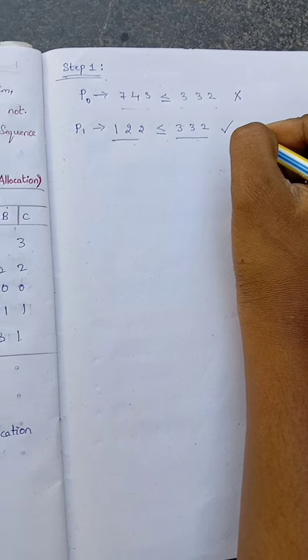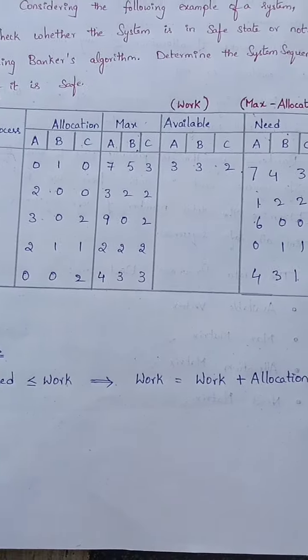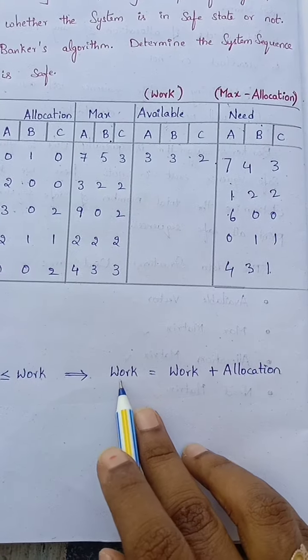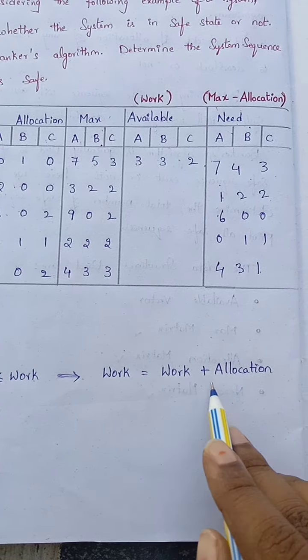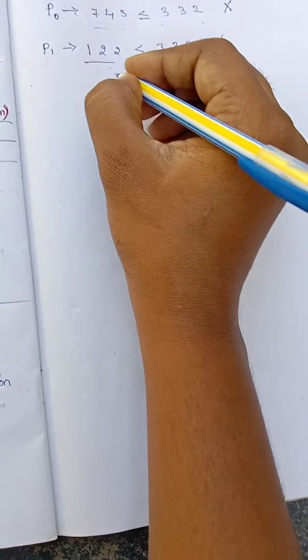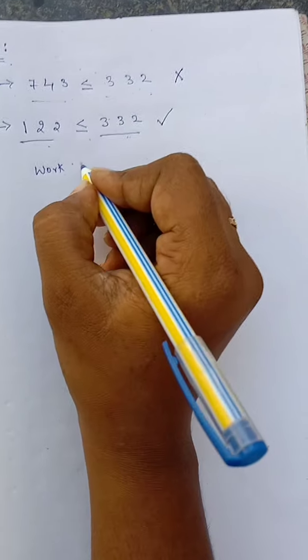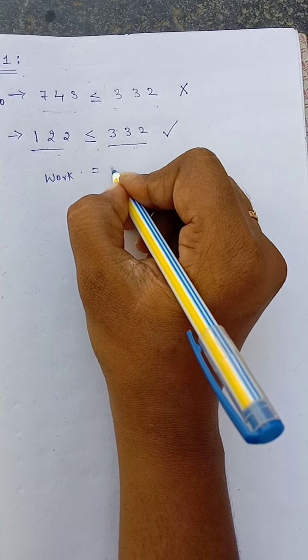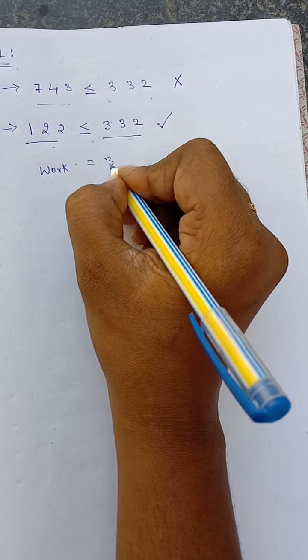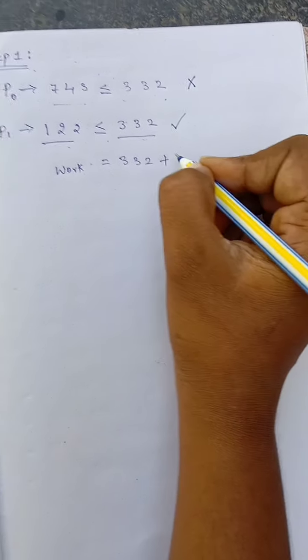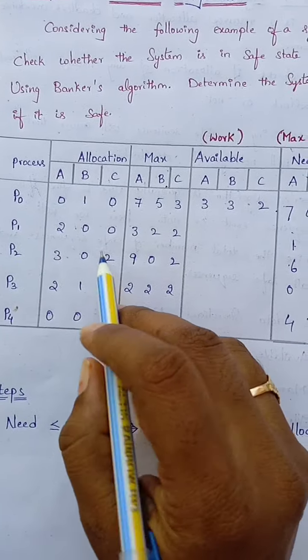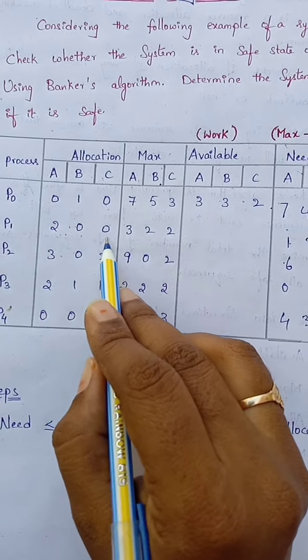If the condition is true, we have to calculate the work: work equals work plus allocation. So work is 3, 3, 2 plus the allocation of process P1, which is 2, 0, 0.